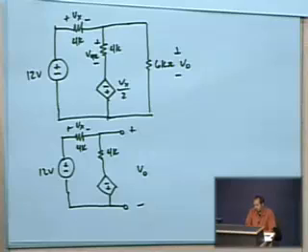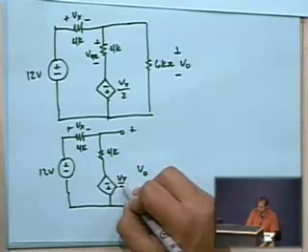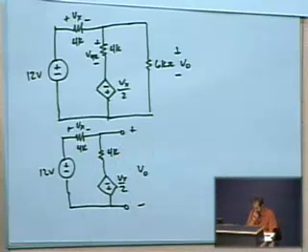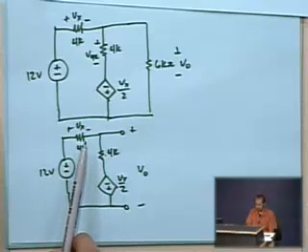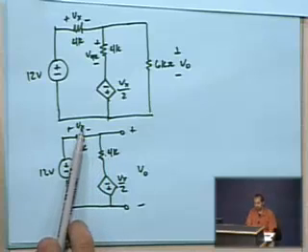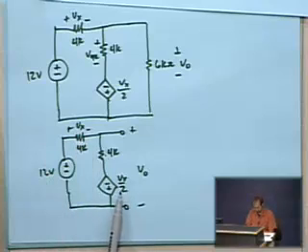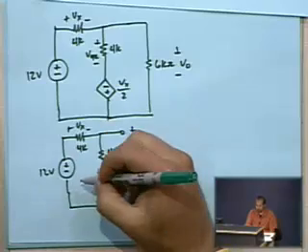This time we can just write a single KVL equation to characterize the current rolling around in the circuit, to find the voltage across each of these 4K resistors, because the voltage across this 4K resistor directly contributes to our answer. The voltage across this 4K resistor tells us what Vx is, which controls this voltage source.